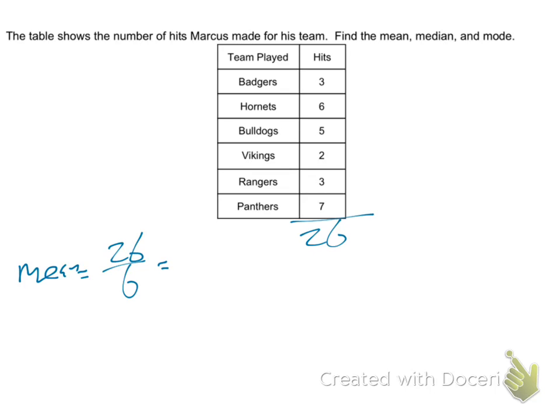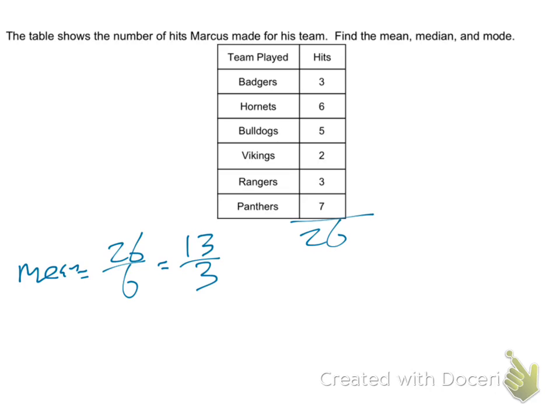First of all, guys, I want to leave it as an improper fraction if it has to be. So what would that be? Divide the top and bottom by? What's the top and bottom divisible by? It's not 3, it is a 2. So it would be 13 over 3. That's the first thing I want to do.